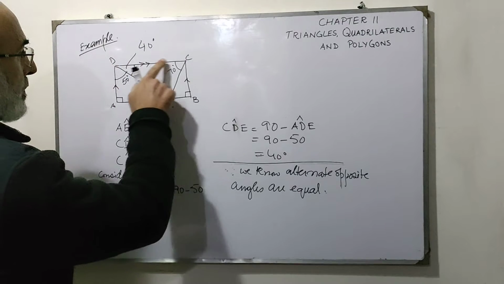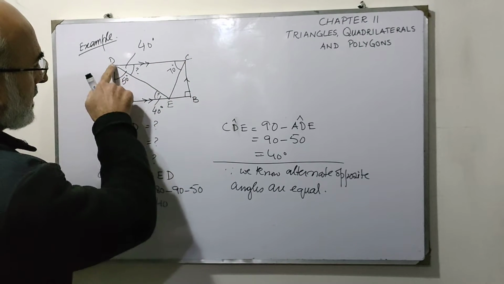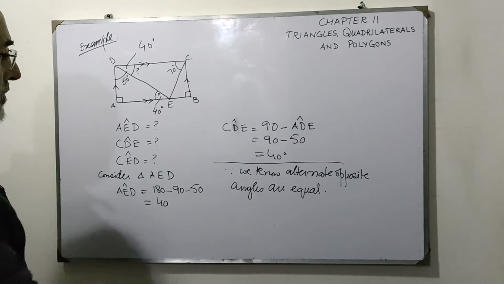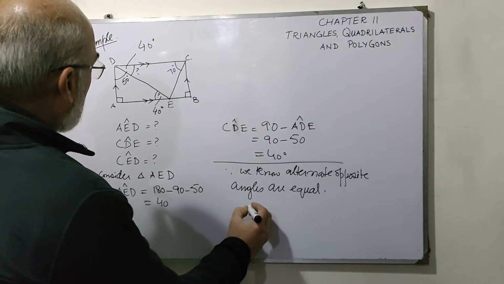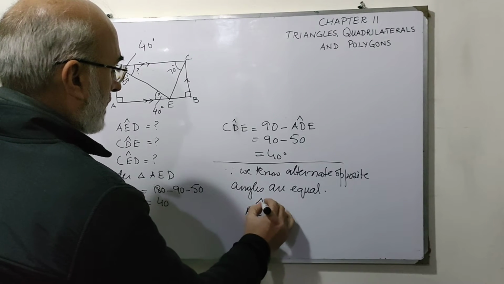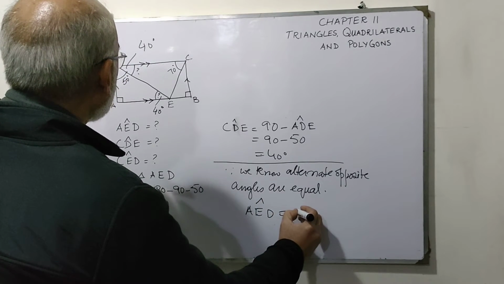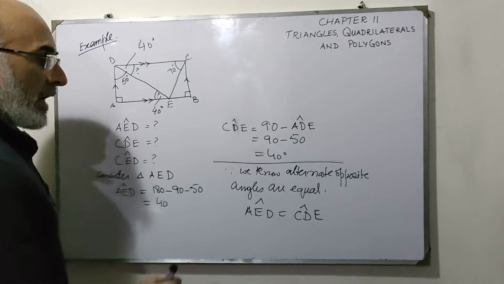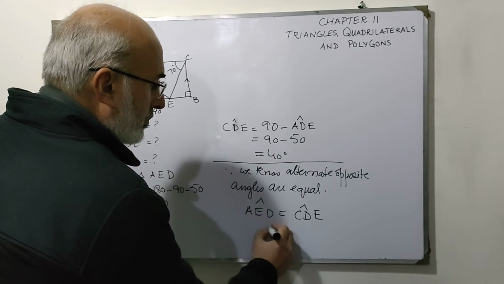So this is a parallel line, this is a parallel line, and this is a transversal. So this angle is supposed to be equal to this. So here we can say this AED is equal to CDE, and this is equal to 40.